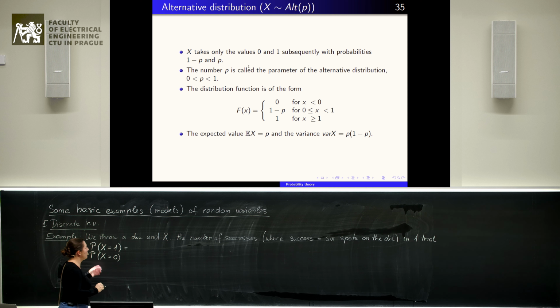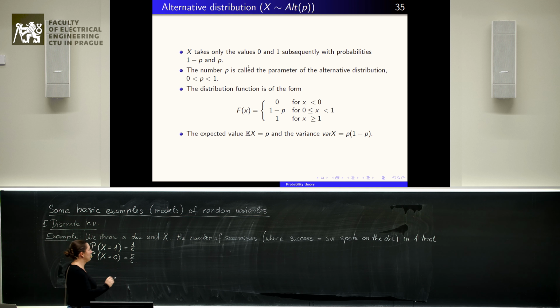And when we throw a classical die, then there is probability 1/6 that there will be 6 spots on the die. So the probability of one success is 1/6. And the remaining probability, 5/6, belongs to the situation that the number of successes is equal to 0.